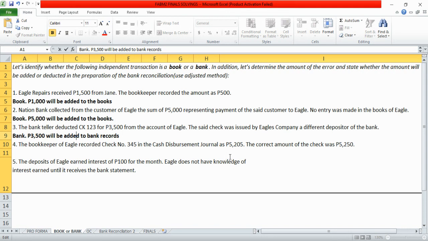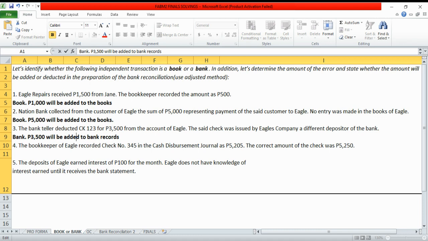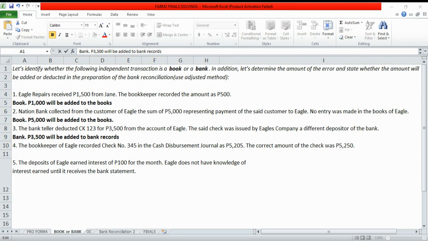Okay. So number 4, the bookkeeper of Eagle recorded check number 345 in the cash disbursement journal as 5,205. The correct amount of the check was 5,250. So, is it a book or a bank? That is an example of a book, because 45 pesos is the difference between 5,250 and 5,205.